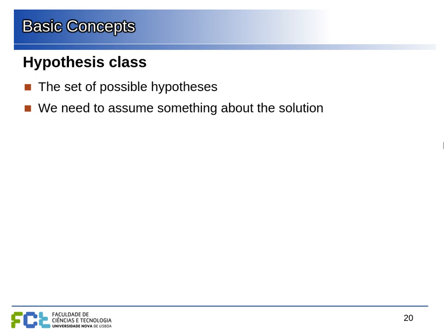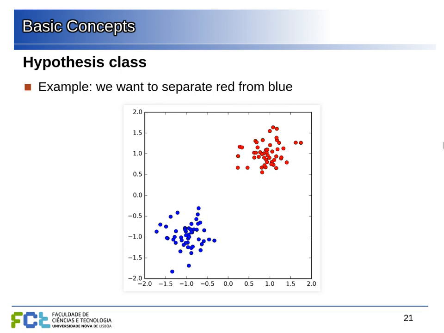Now we need to assume something about this set of hypotheses before we start learning. I'm going to give some toy examples to make it easier to understand what we're talking about here. Suppose that we have these data, these red and blue dots, and we want a system that learns to separate the data.